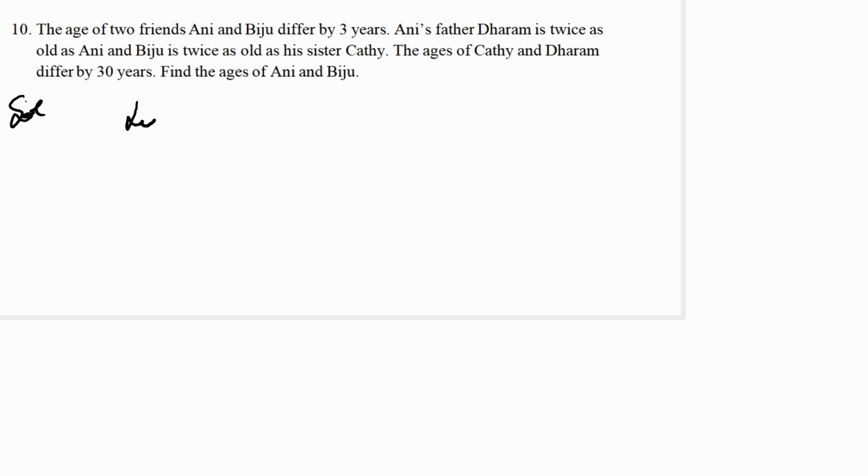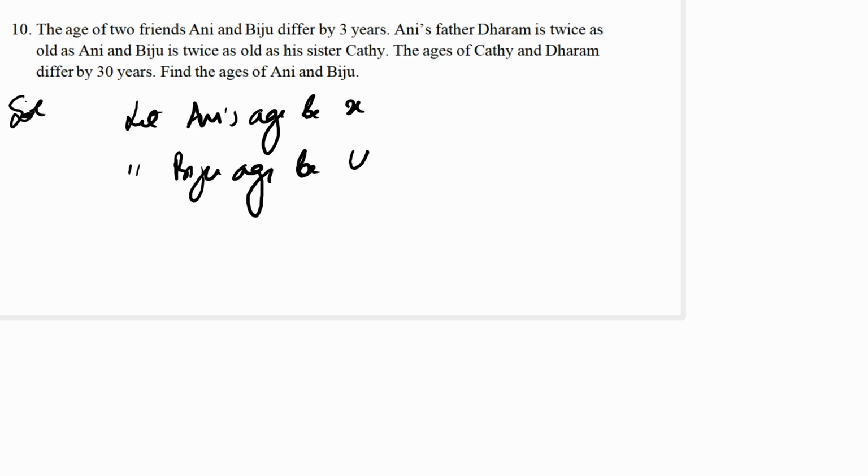So we'll say let Anni's age be x and let Biju's age be y. So what do we know? As I said, we will say Anni is bigger than Biju. So we will say x minus y is equal to 3.